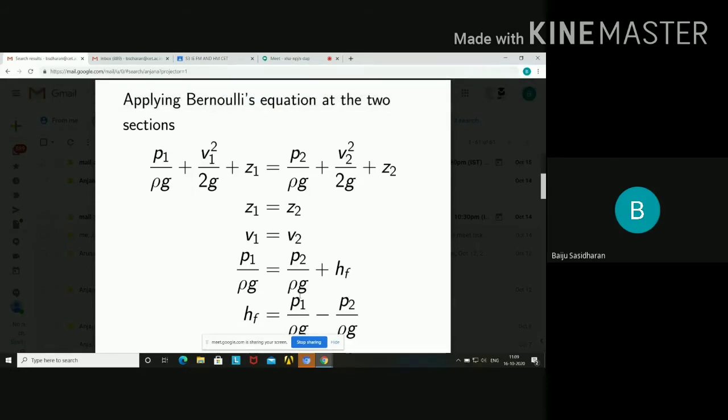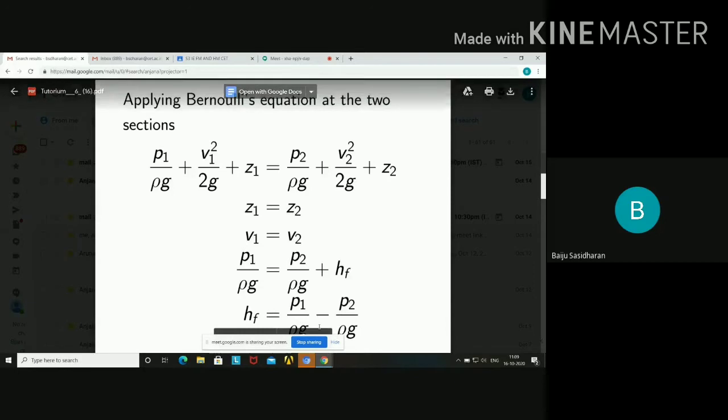But we already said that there is a frictional loss. Therefore, P1 by rho g is equal to P2 by rho g plus HF, where HF is the loss of head due to friction. Therefore, HF is equal to P1 by rho g minus P2 by rho g. This is one equation.